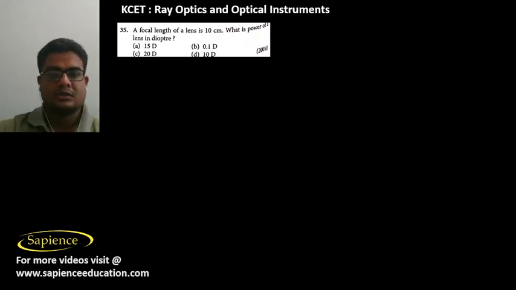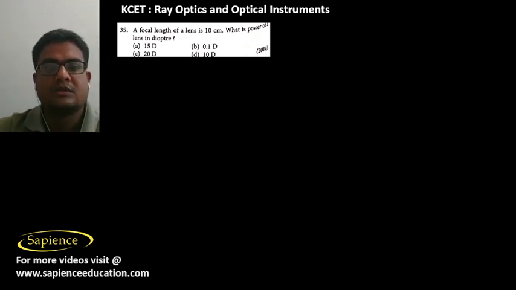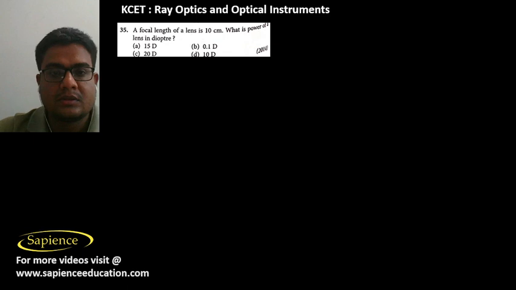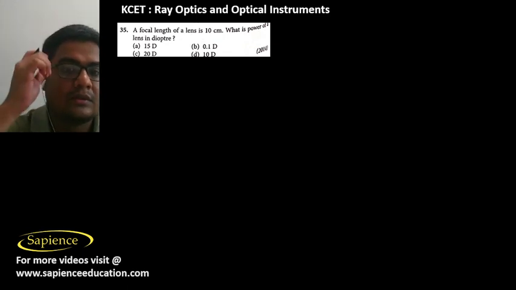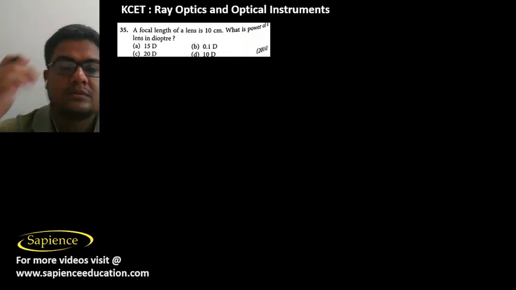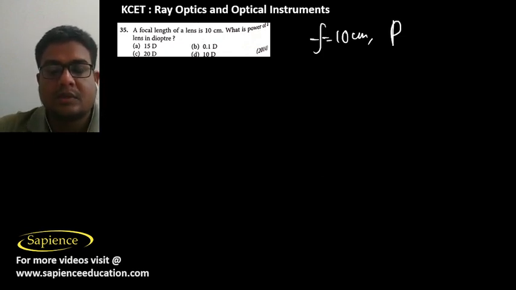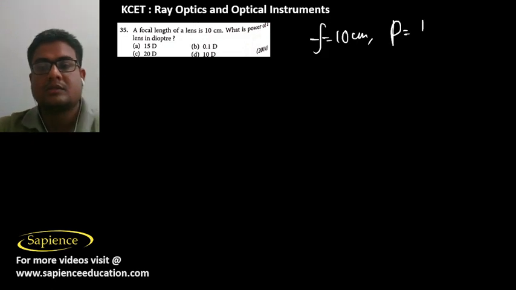Then in question number 35, it is told the focal length of a lens is 10 centimeter. What is the power of the lens in diopters?